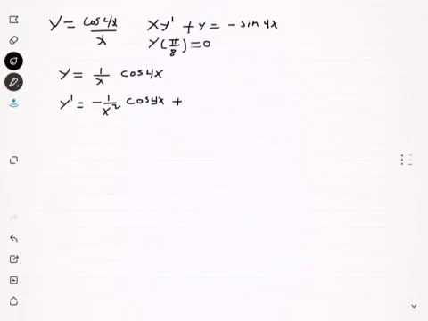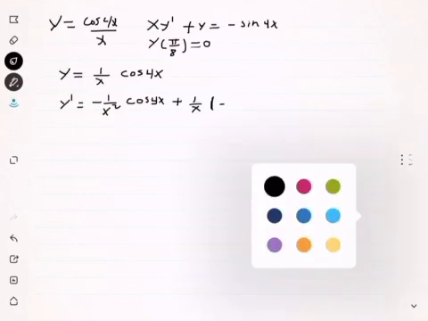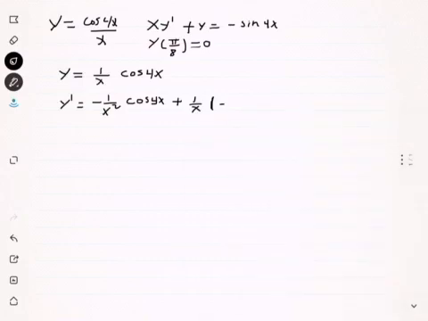Then we do a plus and we leave 1 over x alone, and we take the derivative of cosine of 4x and we get minus 4 sine of 4x.